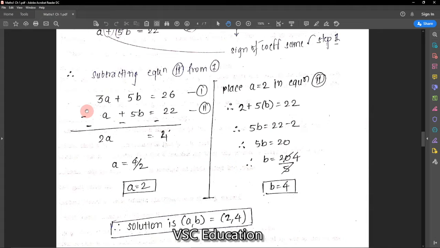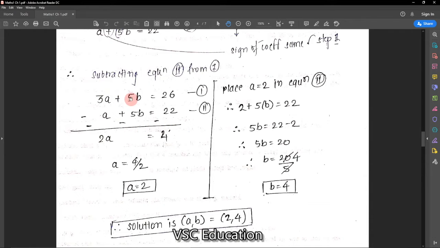When we subtract the equations, we should change the sign of the second equation, all terms. Now see, for a there is a plus sign, so we change it to minus. Same thing for b, plus becomes minus. Again 22 becomes minus. So all signs we change: minus, minus, minus.